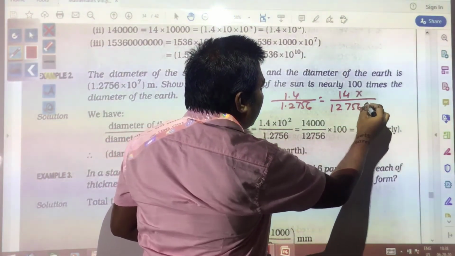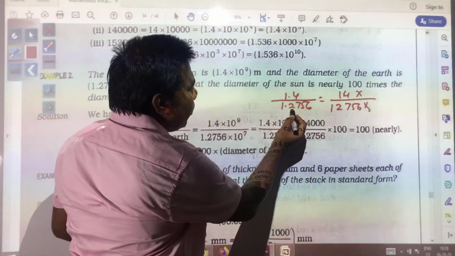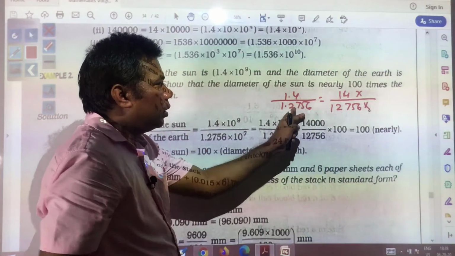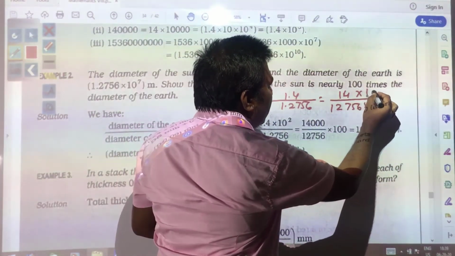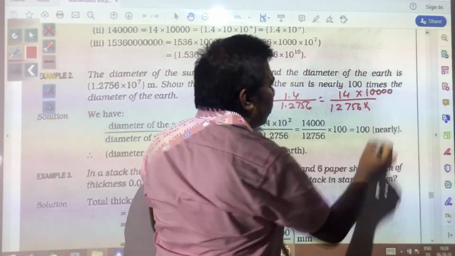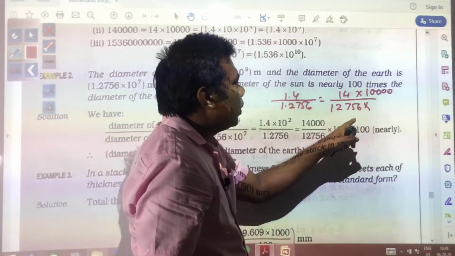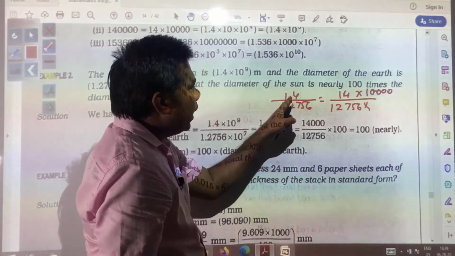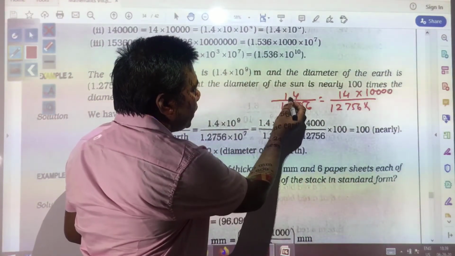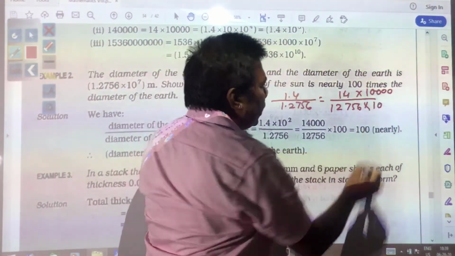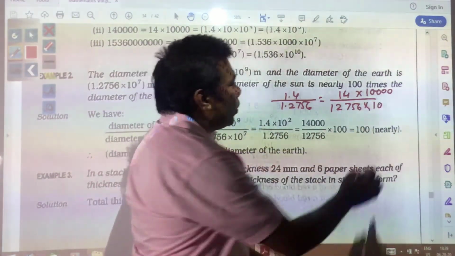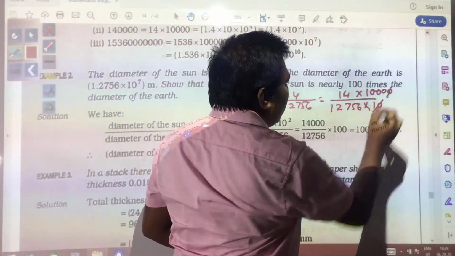Now, you see after decimal you have 1, 2, 3, 4 digit. So, 1, 1, 2, 3, 4. With this number it is required to be multiplied and here you have after decimal 1 digit, here 10 you need to write down. Now, you cancel this 0 and 0 got cancelled.